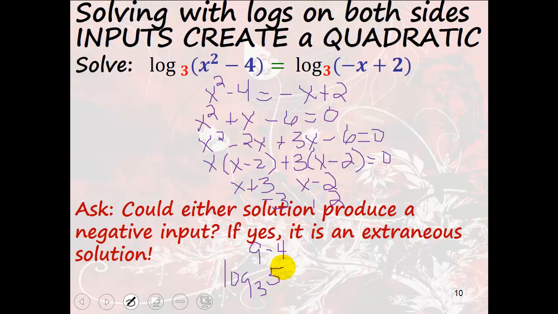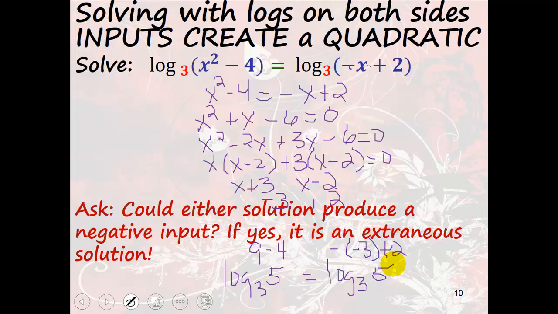All right, and now I'm going to plug it in up here, and I'm going to get the opposite of negative 3. Well, that's 3. 3 plus 2 is 5. So I have log base 3 of 5. And it worked.